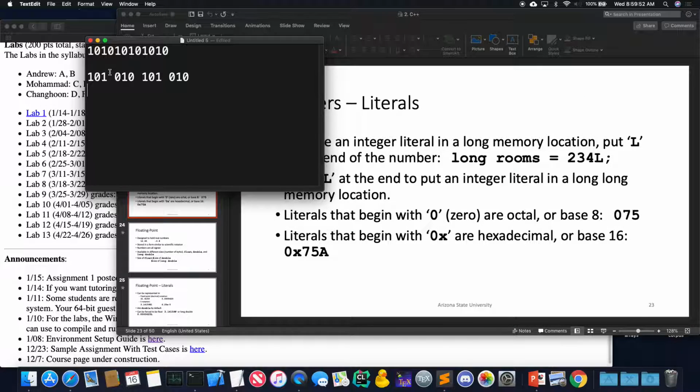So now we look at each chunk and convert it to decimal. What is 101 in decimal? 5. What is 010 in decimal? 2. And the other ones are also 5 and 2, because it's literally the same thing again.